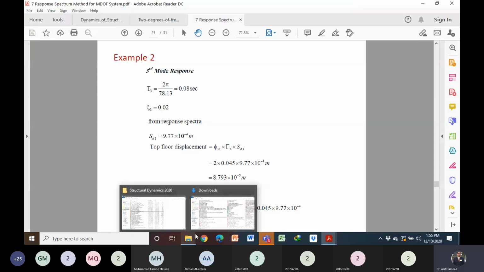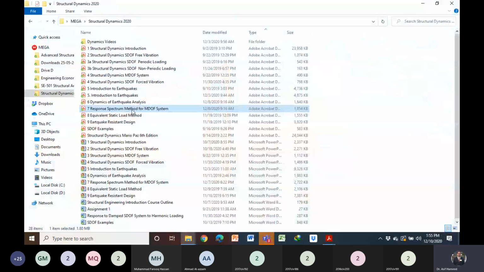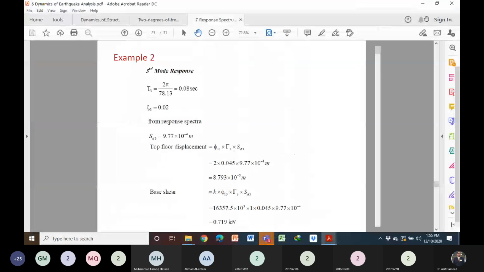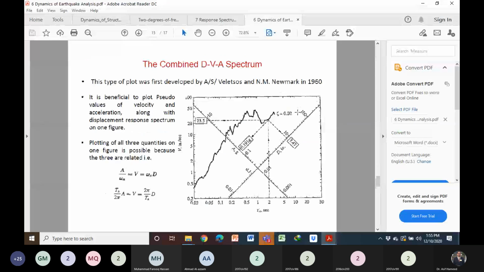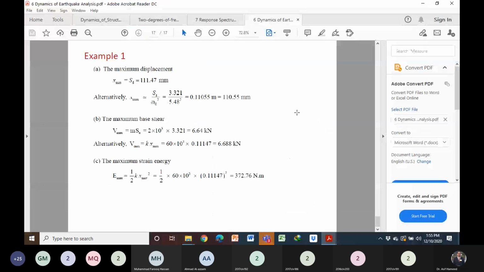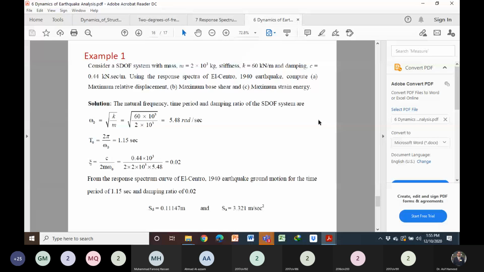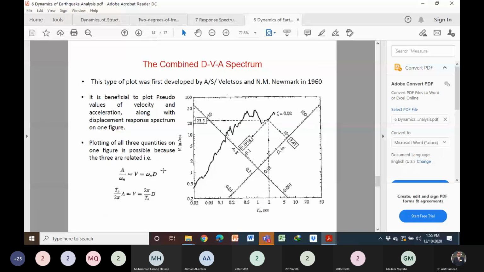Spectral velocity, displacement, and acceleration are related to each other. Spectral displacement is equal to A over omega n square. Simply divide the spectral acceleration by omega n square, and you will have the spectral displacement.